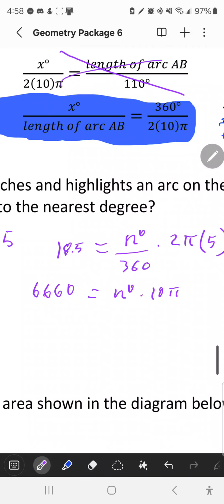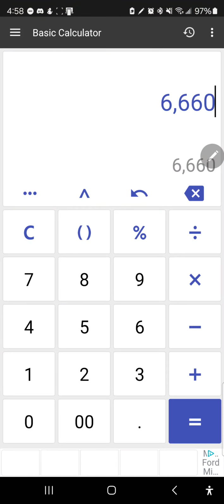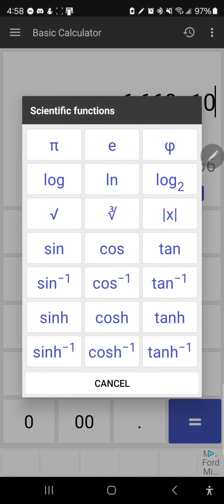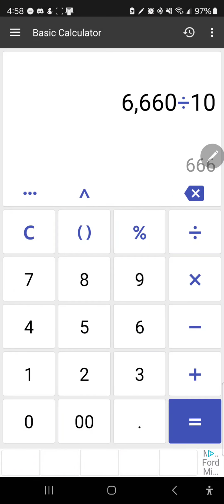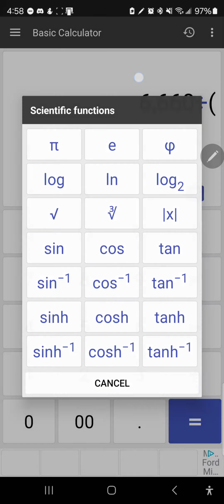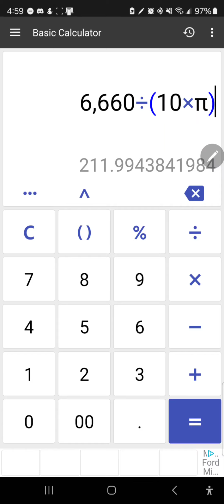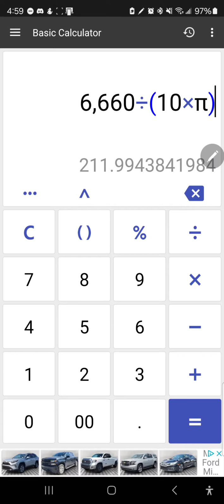And now we need 6,660 divided by 10 pi. Don't forget to put the parentheses. Very important.